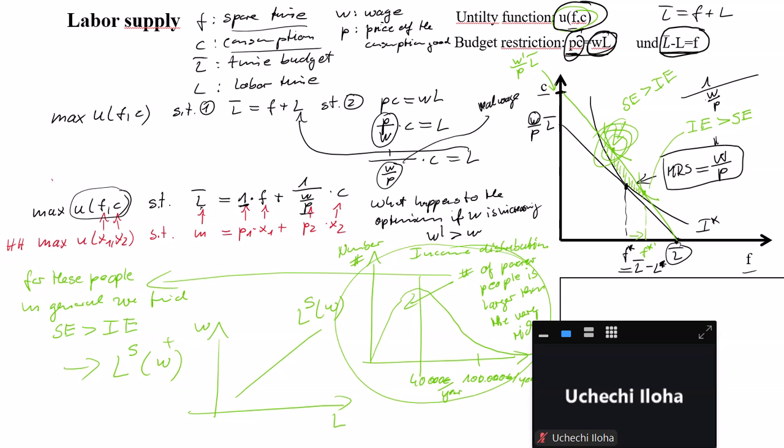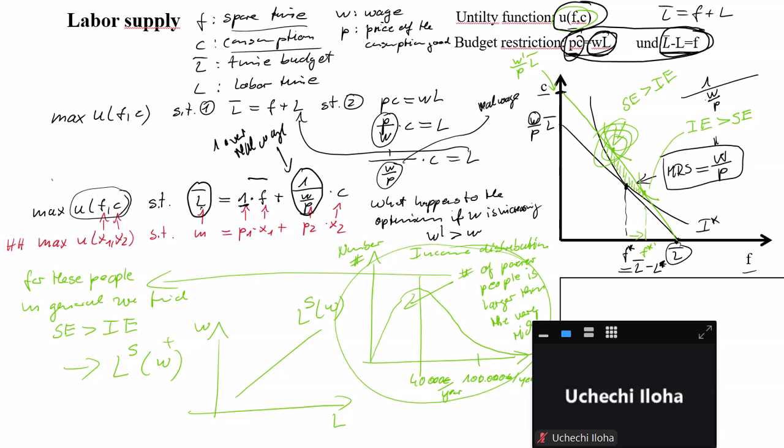With the 16 hours, I can just choose between working and spare time. Taking these two conditions together, I obtain that my overall time is equal to my spare time plus 1 over the real wage times consumption.